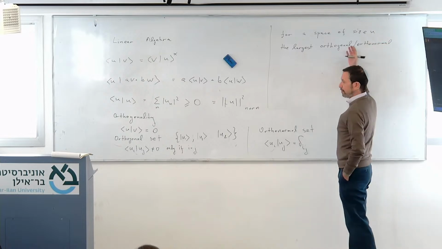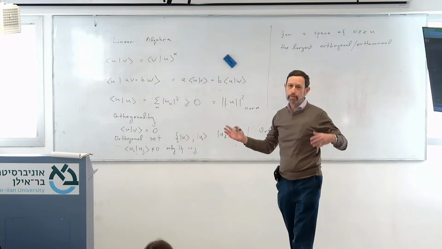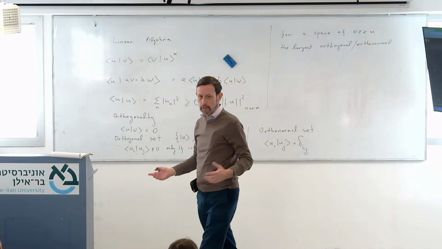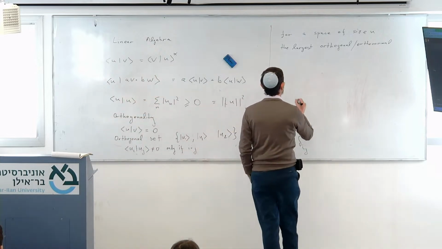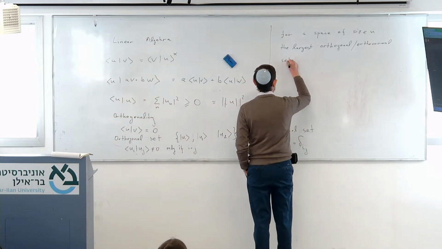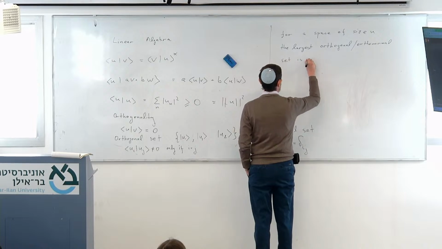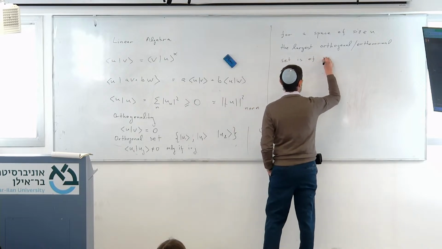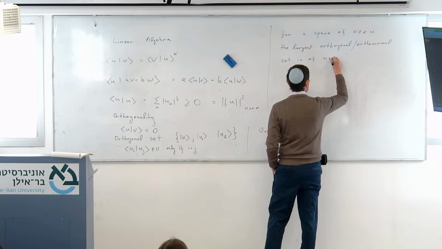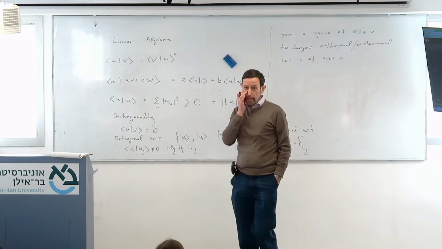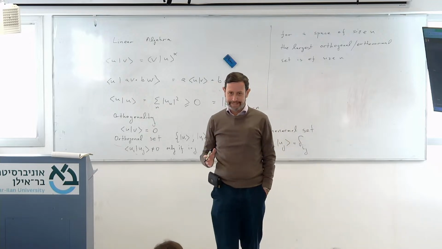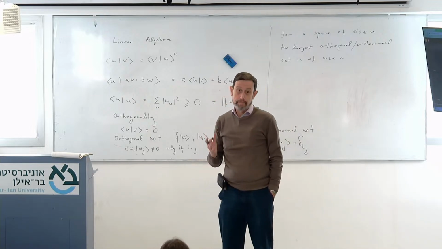And I'll stop writing them both because if I have one, I can always turn it into the other. And this set of size n is a basis.